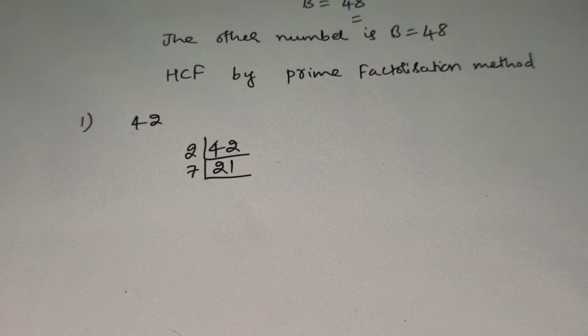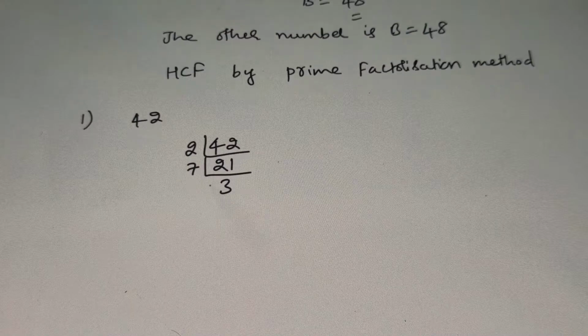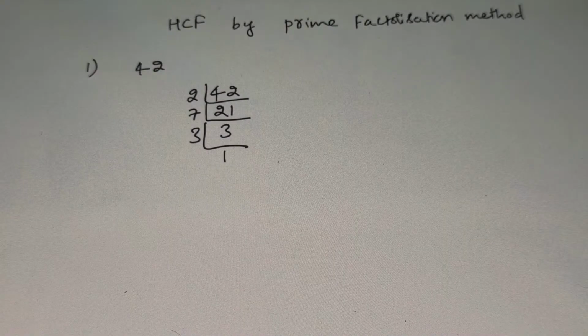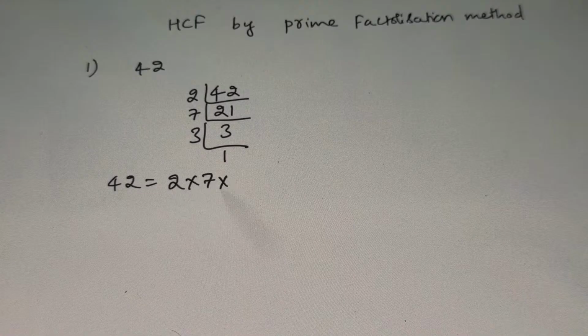We have to use prime numbers only. So 7 threes are 21. Now we have to divide 3, which is another prime number. 3 ones are 3. We have to divide until we get 1. So 42, the prime factors are 2 into 7 into 3.